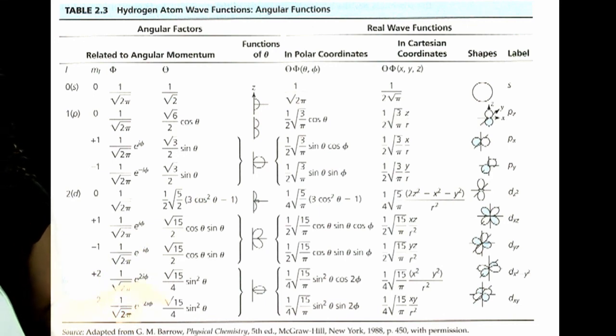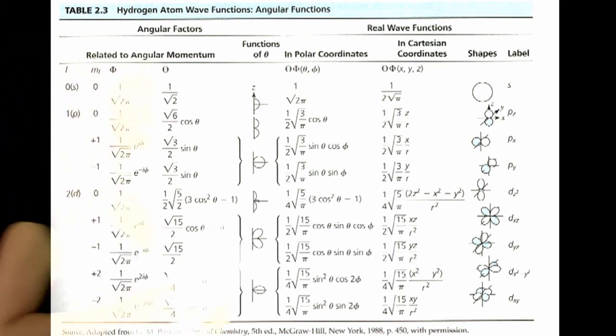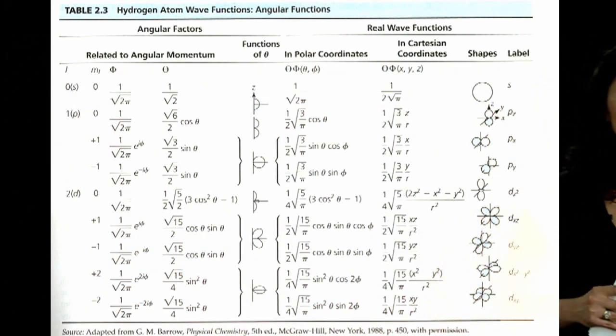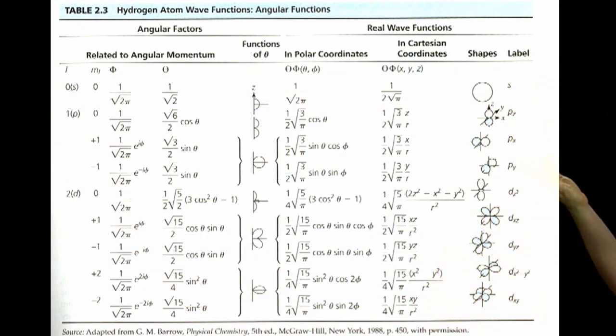So it takes mathematical manipulations in order to transfer them into real wave functions. So over here we have our angular factors, and over on the other side we have our real wave functions. And so this is where mathematical manipulations have converted the imaginary functions into the real functions.